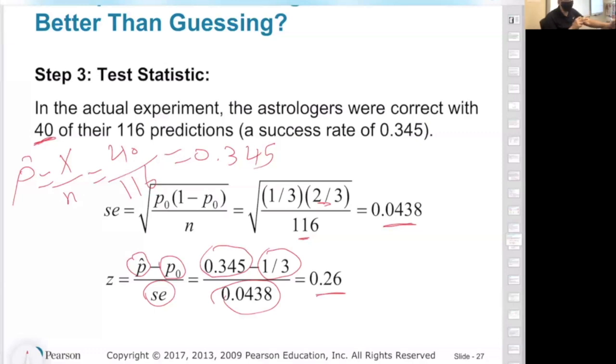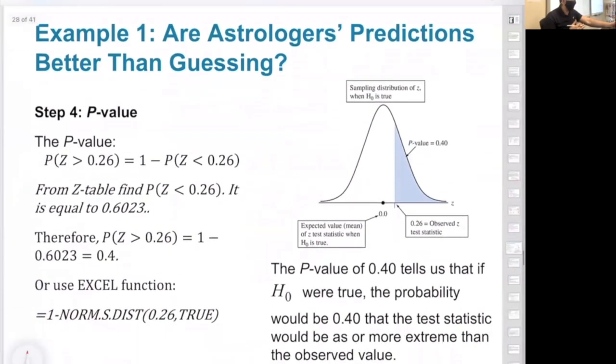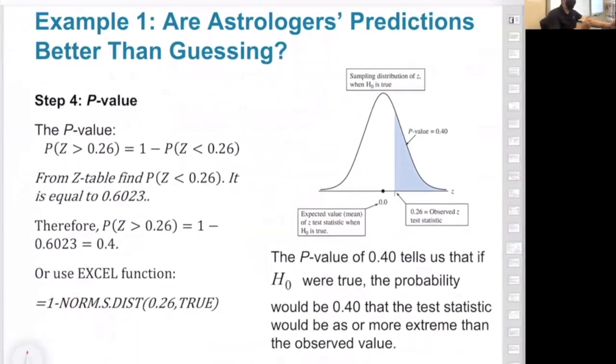Look at 0.26, it's positive. Why is it positive? Because it's a right-tailed test, greater than, okay? So to find the p-value, you will apply the probability that Z is greater than 0.26. If you would like to use the table, you will apply what we learned from chapter 7, when we talked about the normal distribution and how we can find the probability from it.